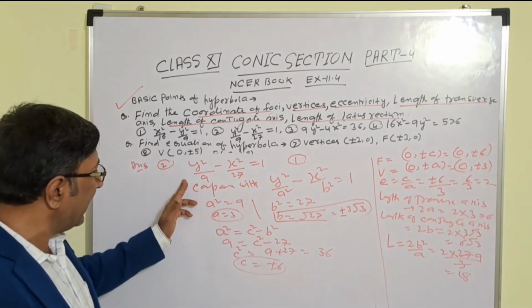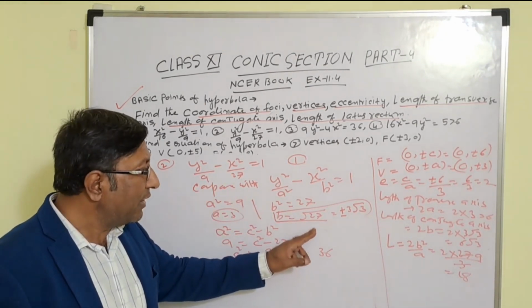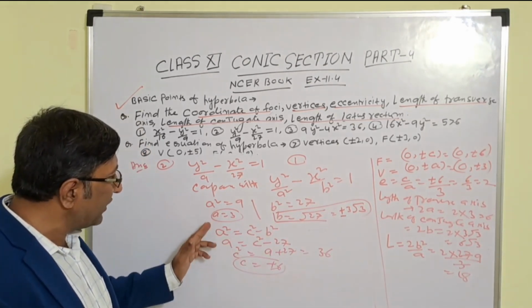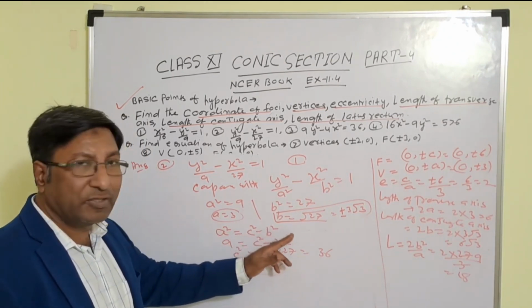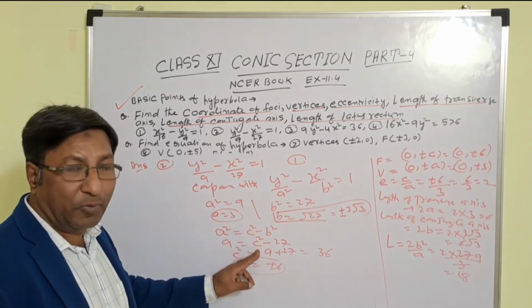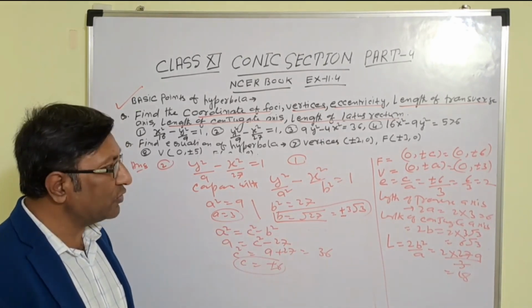So a square 9, a 3, b square 27, so b root 27, plus minus 3 root 3. Now relation between a, b, c: a square equal to c square minus b square. a square already 9 given, c square we have to find, b square 27 given.